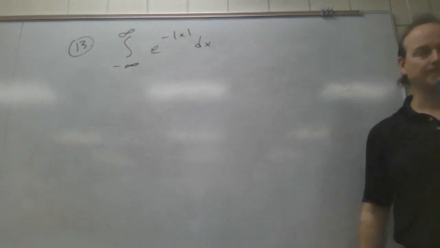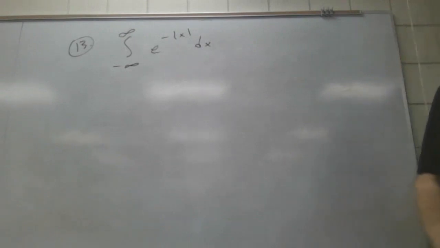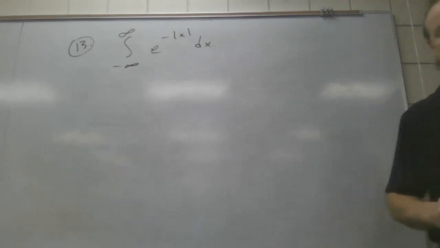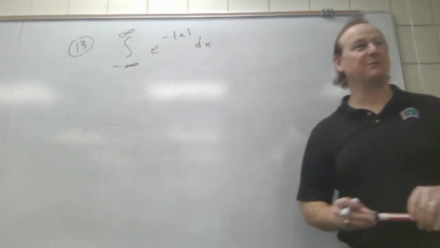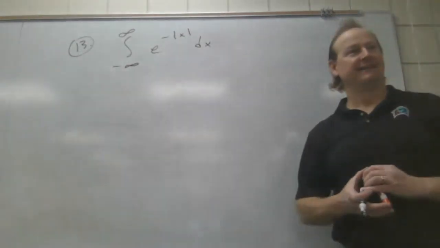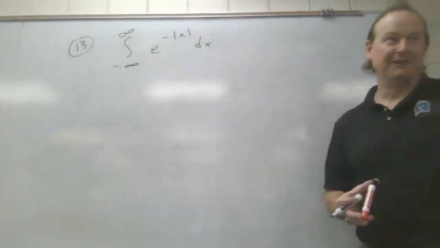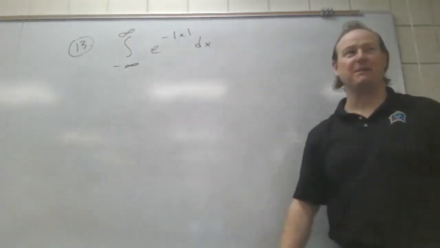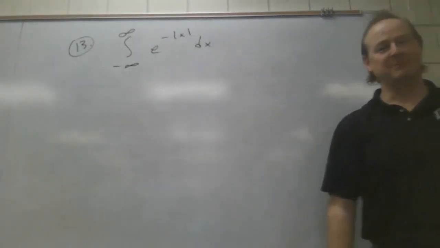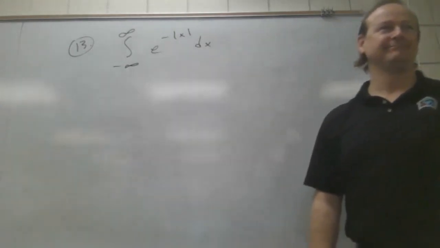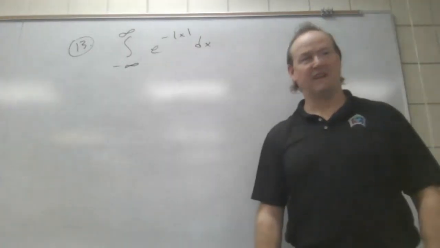I don't like it, so how do I get rid of it? Student A, right there. Where are you going to split this up at? Pick a number, any number. 5?